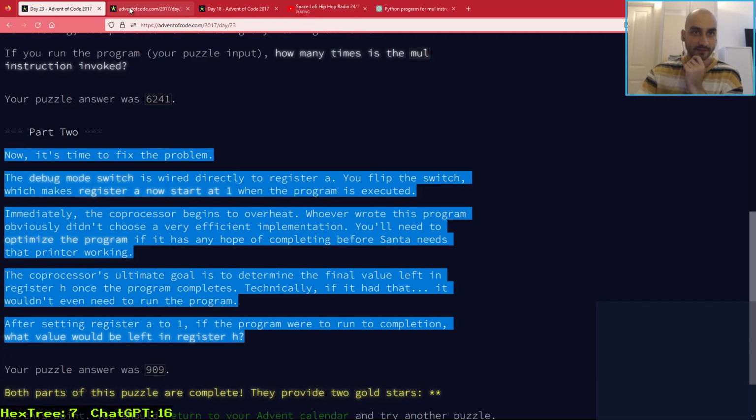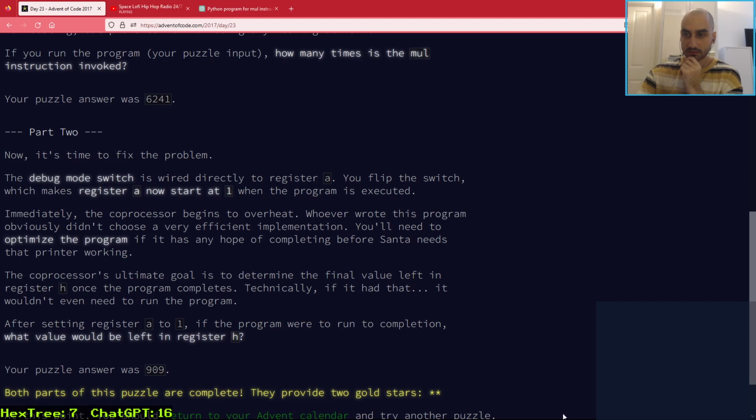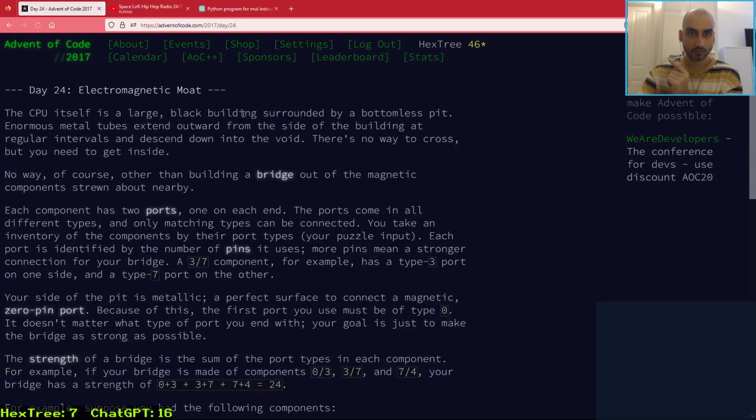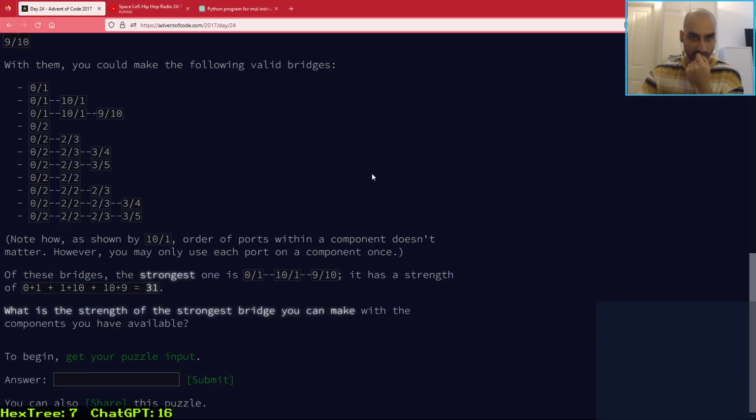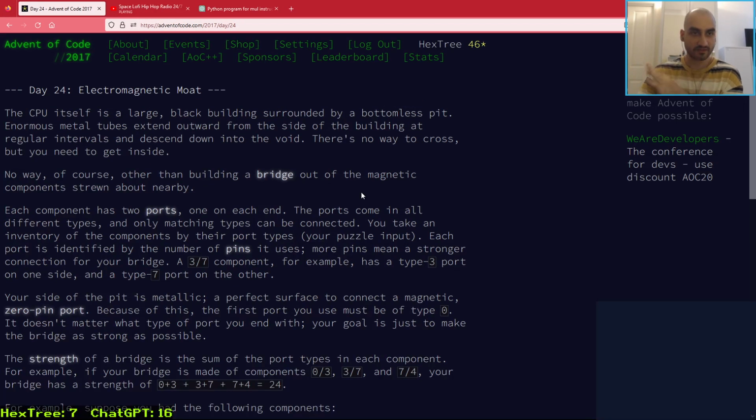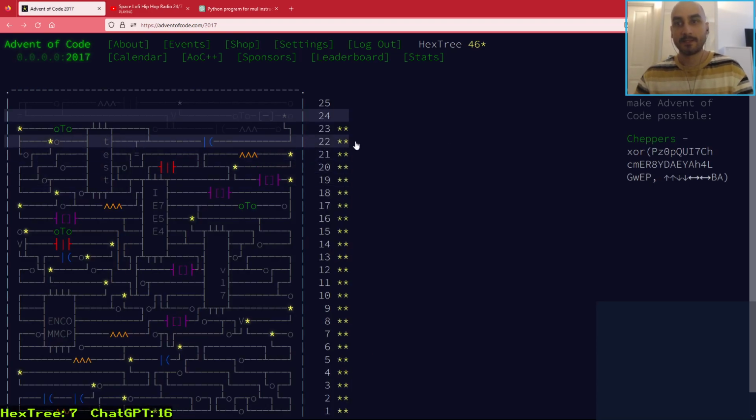Alright, fine. Should I keep going? If I do 24 now, then I... do I want to? Nah. Save it for tomorrow, because then we'll have 24 and 25 to solve tomorrow. That'd be nice.